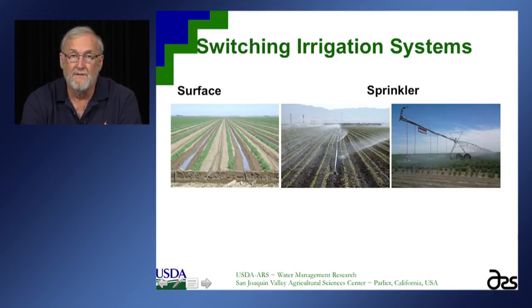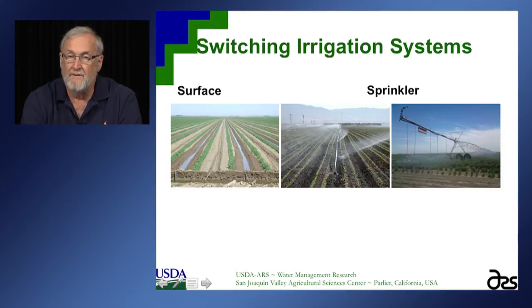Certainly, irrigation system selection is a critical aspect. Now, surface irrigation is quite typical. Over 80% of the irrigation systems in the state of California are surface systems, and we're seeing a lot of transitions from that.